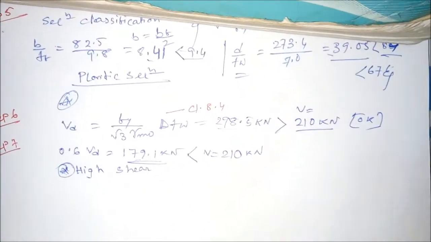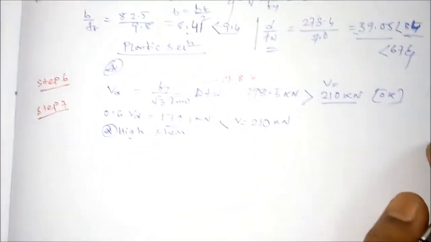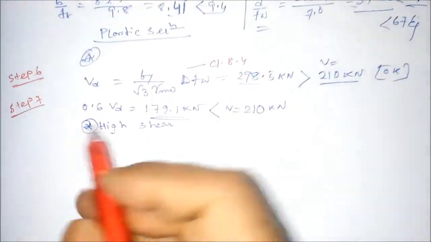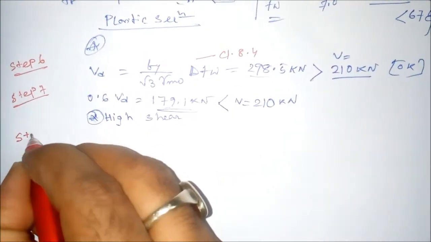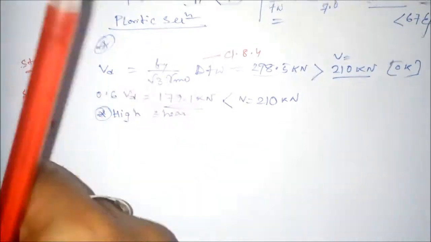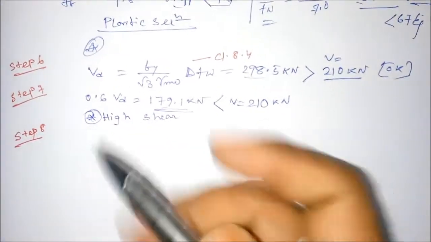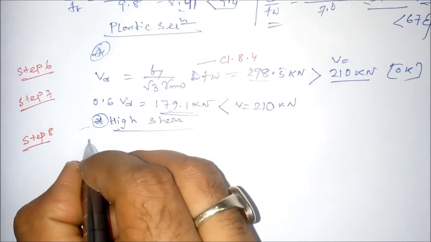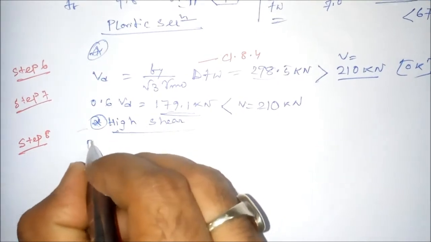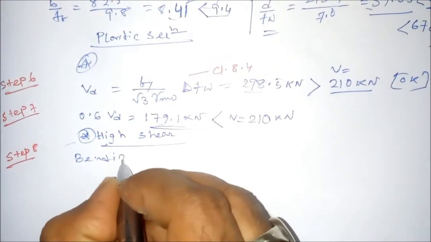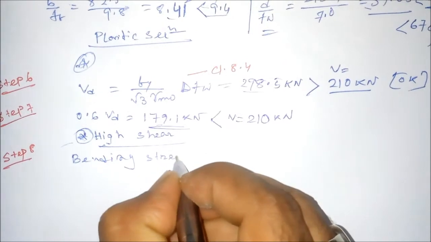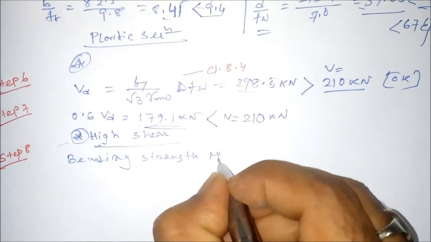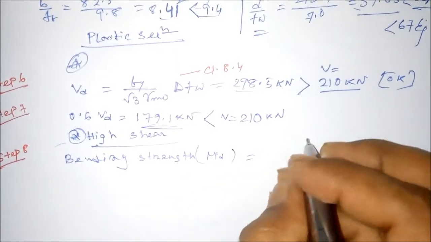So for this high shear condition we have to design this beam. In step number 8 we need to find out the design bending strength, which we generally denote with MD.